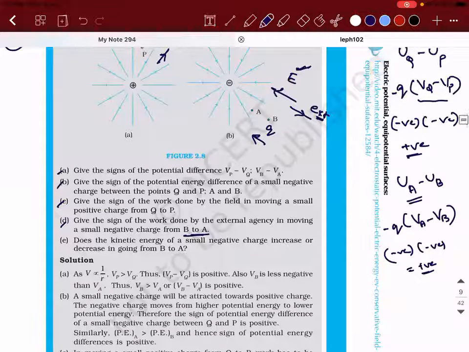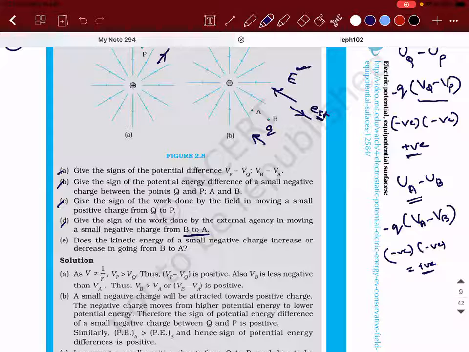So what I'm trying to tell you here is, whenever you are asked to calculate energy, you generally don't take the sign into consideration. Listen to my statement carefully. The second question is what? It is energy difference. Generally, there will be some questions where they will ask you to calculate energy. Generally, energy doesn't have any sign, whereas work done has sign.